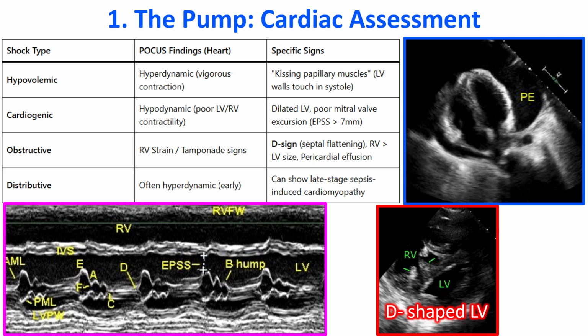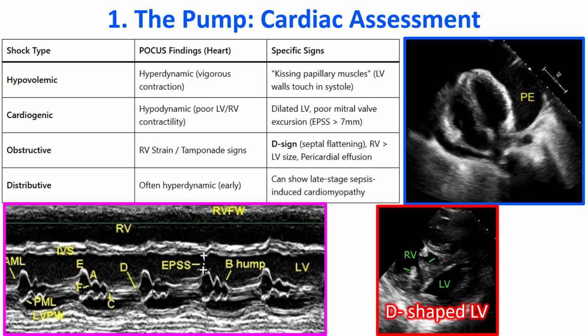In cardiogenic shock, it is hypodynamic or hypokinesia, poor left ventricular and right ventricular contractions. Dilated left ventricle, poor mitral valve excursions with the E-point septal separation more than 7 mm. Usually, when the mitral valve opens, it will reach almost up to the septum.